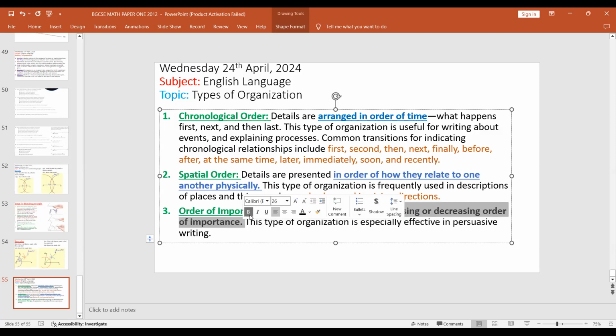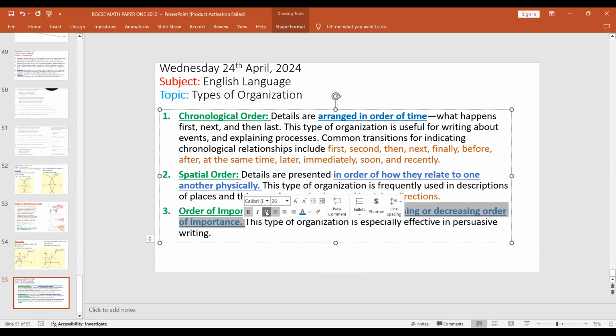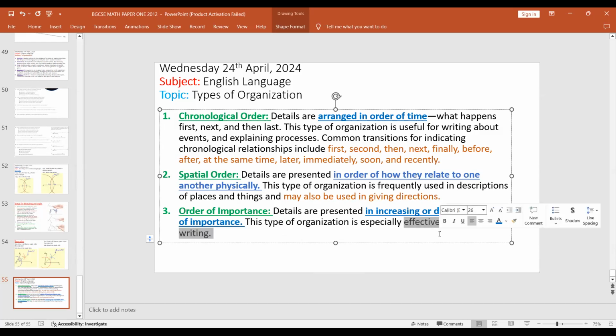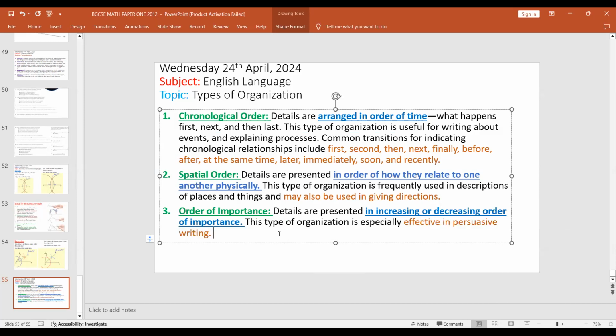Increasing importance means you present the weakest argument first and the most important argument last. Decreasing importance means you present the most important one first and the weakest one last. We use this type of organization in persuasive essays.